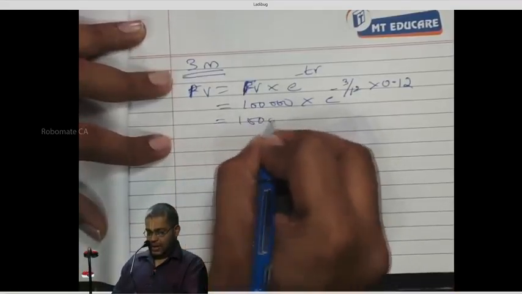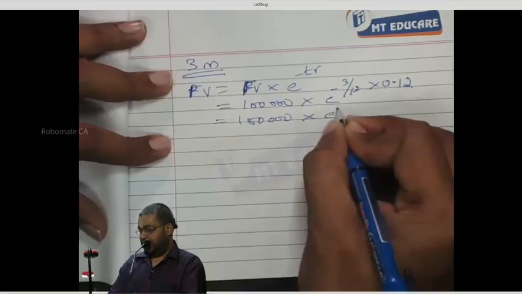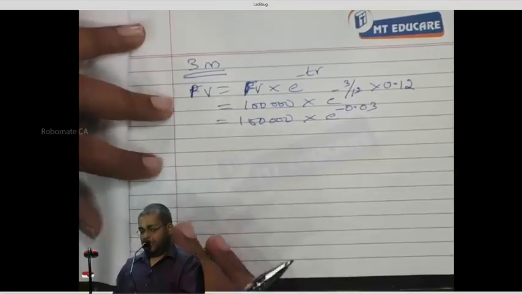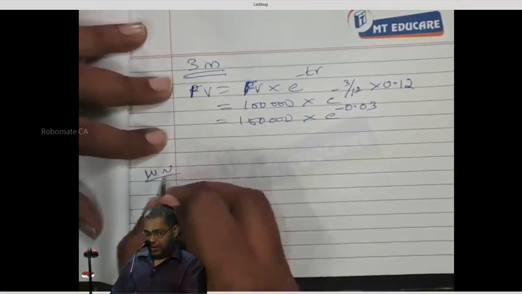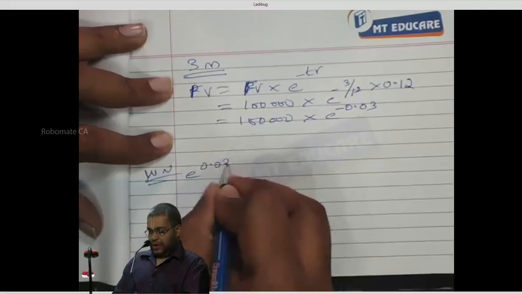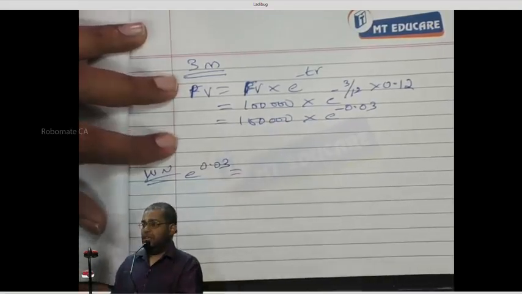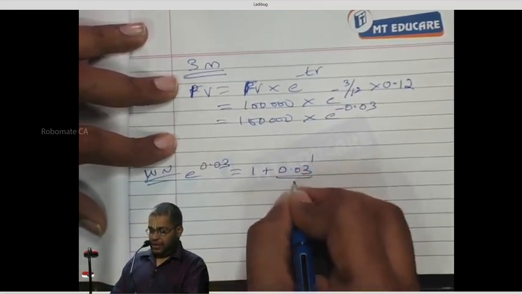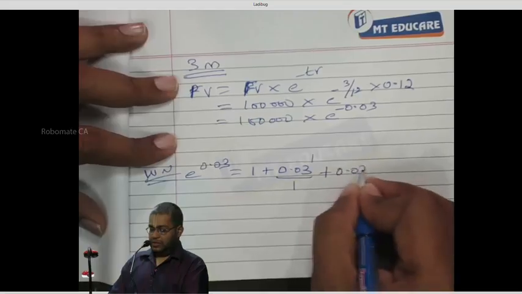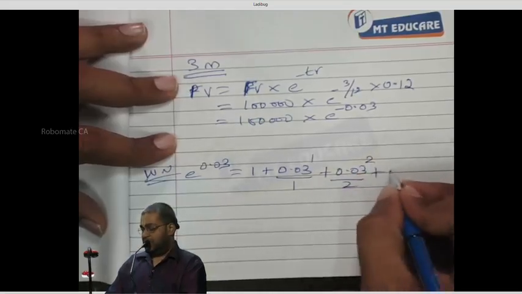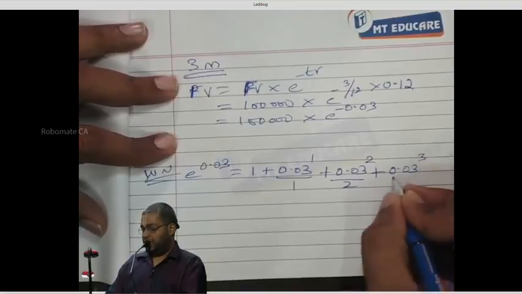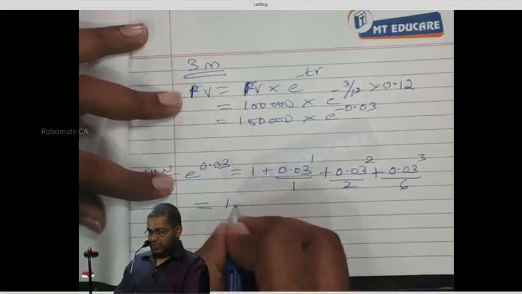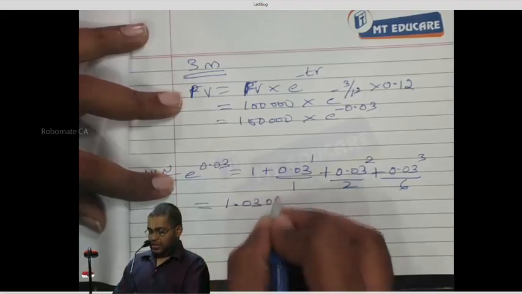Now it is 1 lakh into e power minus 0.03. Working note: e power 0.03 is equal to 1 plus 0.03 power 1 by 1, plus 0.03 squared by 2, plus 0.03 cube divided by 6, which is equal to 1.03045.